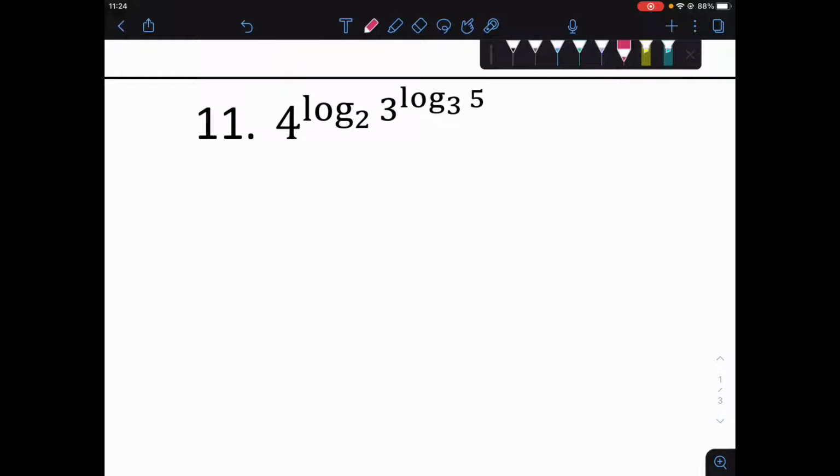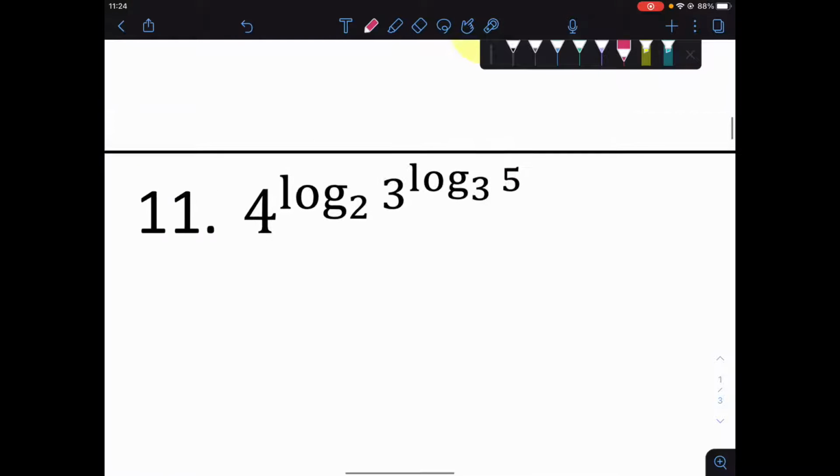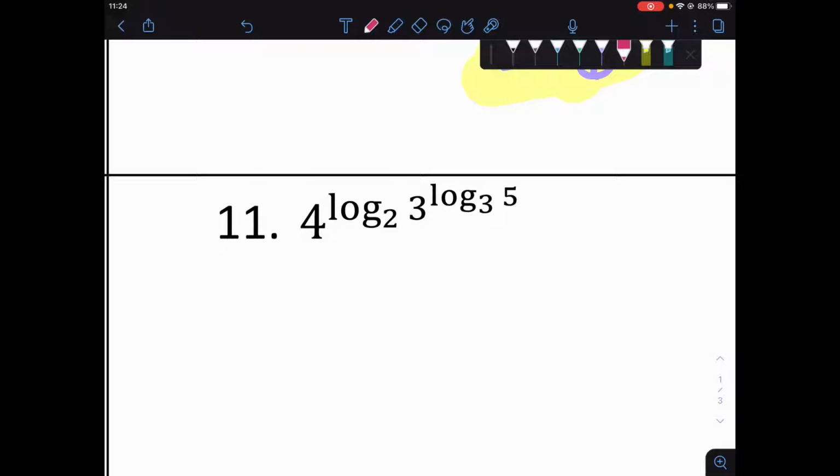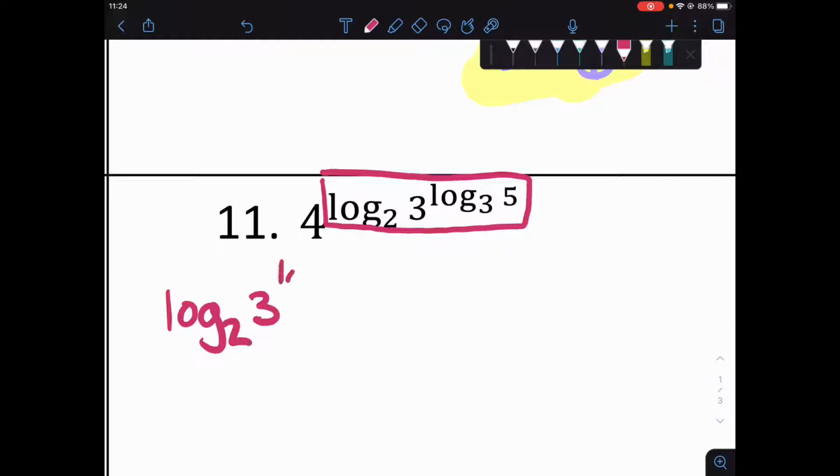This is very similar, except we have a power in a power, so there's a lot going on here. Let's look first at just the exponent here. We have log base 2 of 3 to the log base 3 of 5.